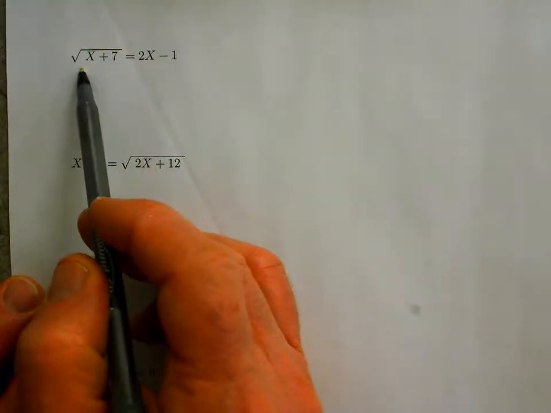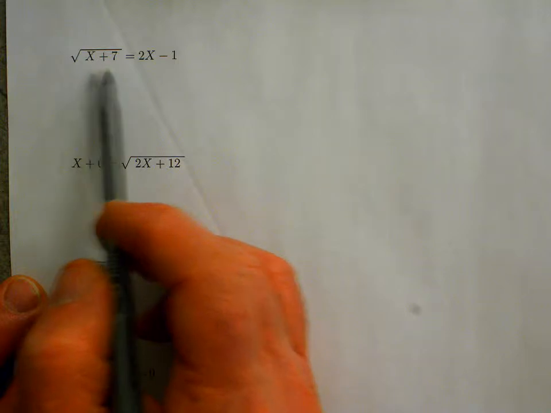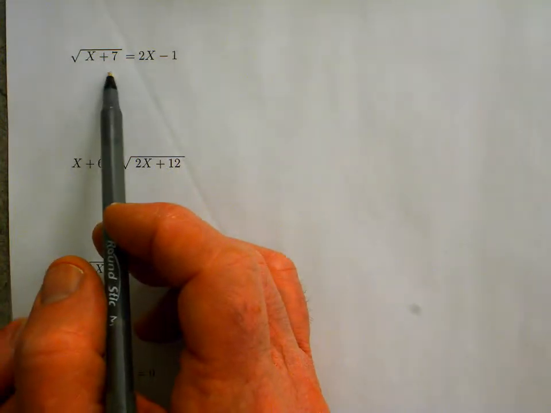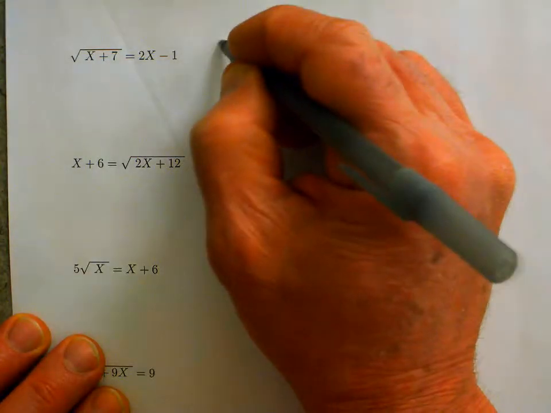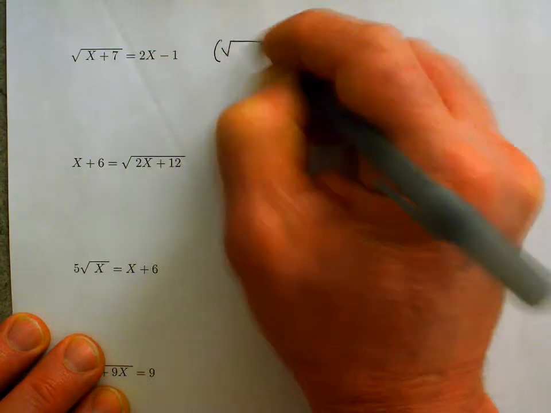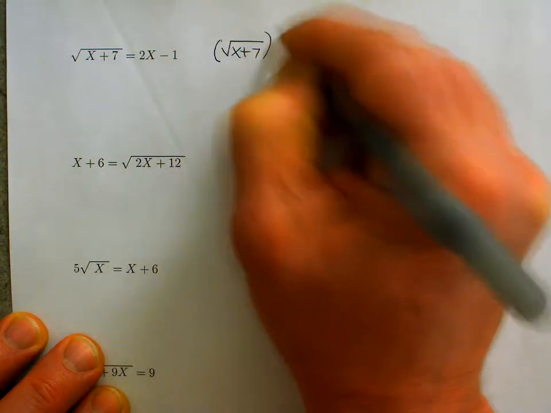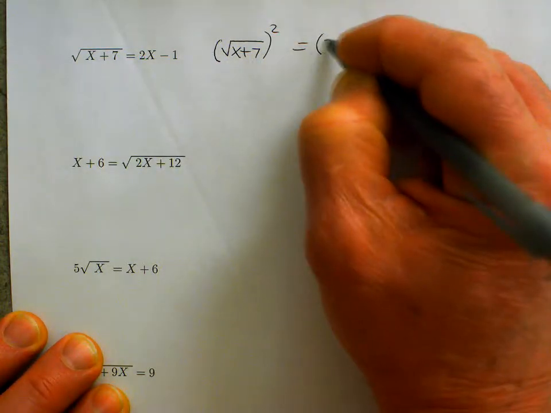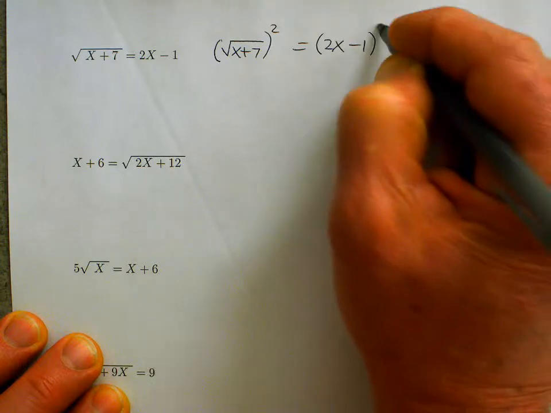We have to go through the process. But since the square root of x plus 7 is by itself, we can square both sides. So square the left-hand side and also square the right-hand side.